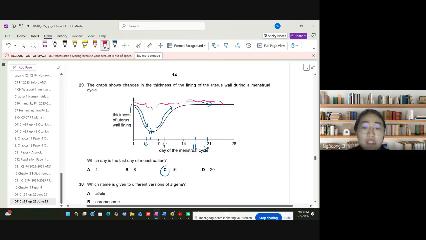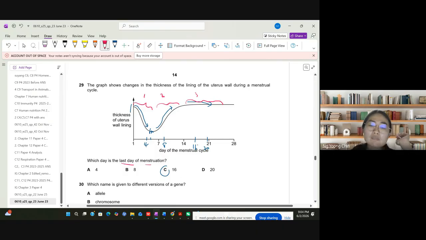So which is the phase, A, B, or C? And number 1, number 2, or number 3? Number 1, yes. Number 1 is the menstrual phase, okay? The menstrual phase is when the endometrial lining is shedding off. So that's why women will have bleeding, menstruation. So the answer is A, okay? Number 4. Last day for menstruation.